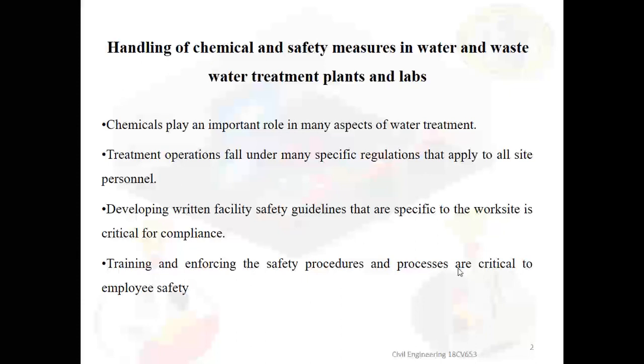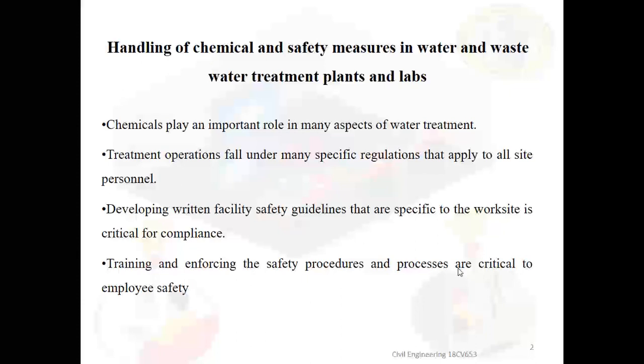Chemicals play an important role in many aspects of water treatment. Treatment operations fall under many specific regulations that apply to all site personnel.